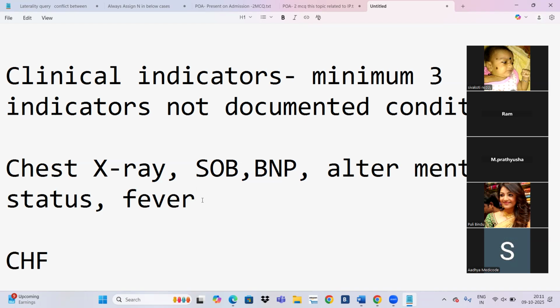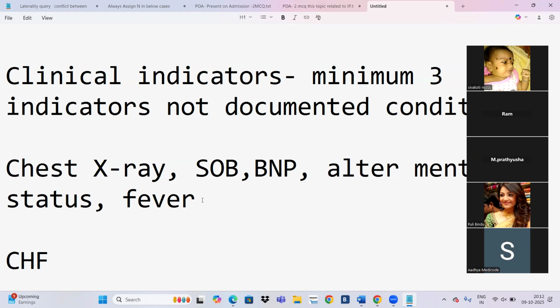Simple. Based on all the clinical evidence, we need to provide it to the physician and ask the provider: these are the indicators we have, so please provide the diagnosis if you know. Because we are unable to lead to a particular diagnosis based on the indicators, we need to ask the provider to provide the valid diagnosis based on the indicators.